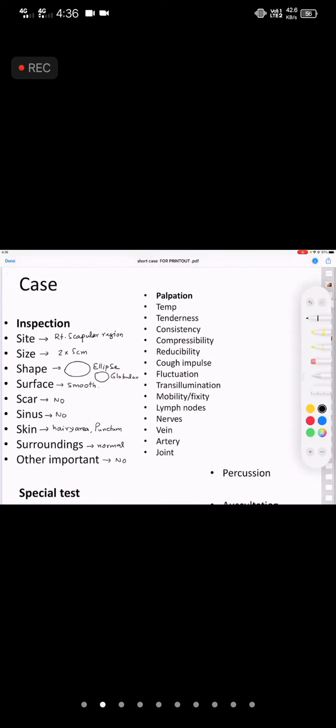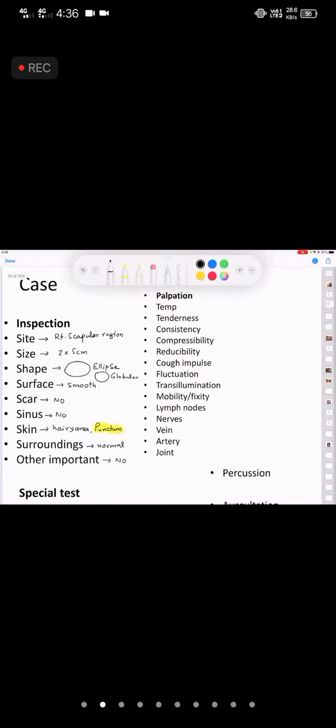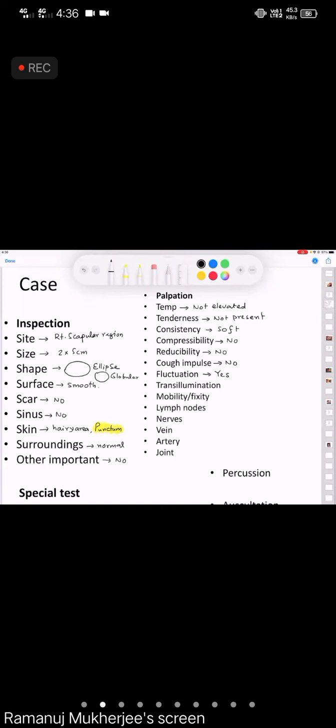Punctum is an important observation, which I think needs to be colored by a yellow color. When you talk about the rest of the area, temperature was not elevated. Tenderness is not present. Consistency is soft. Compressibility, no. Reducibility, no. Cough impulse, no. Fluctuation, yes.